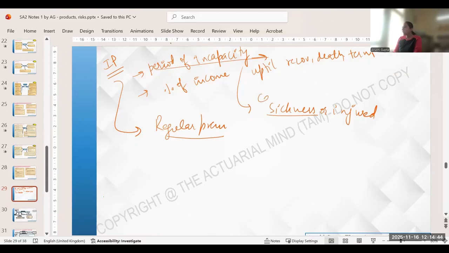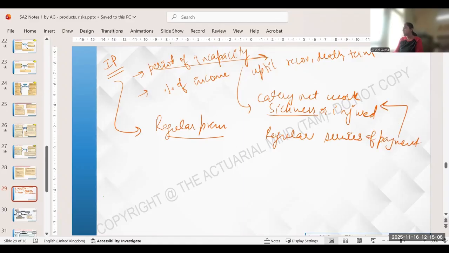That is, you are not able to carry out your work. So during that period of time, the claim payments will be made, which is a regular series of payments. So I'm now defining the form of benefit, that it's a series of payments. When it's paid is this. When it stops is what was mentioned, that it's going to stop at this point, right?